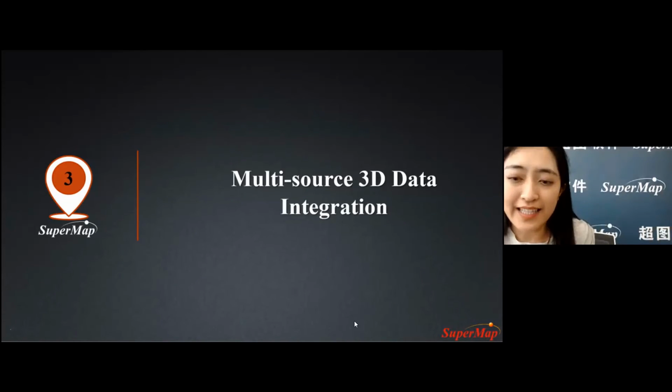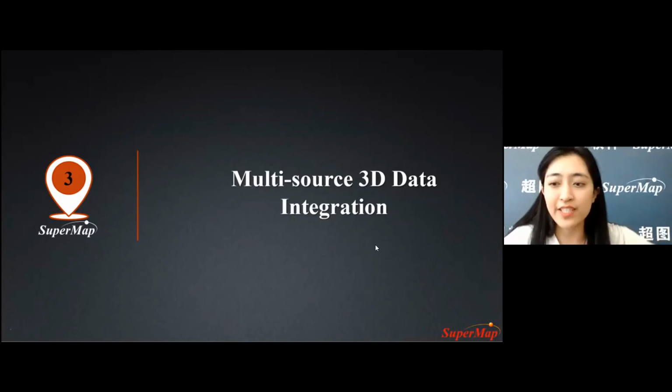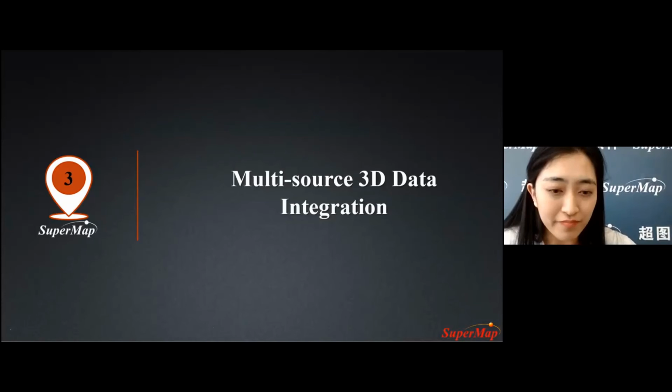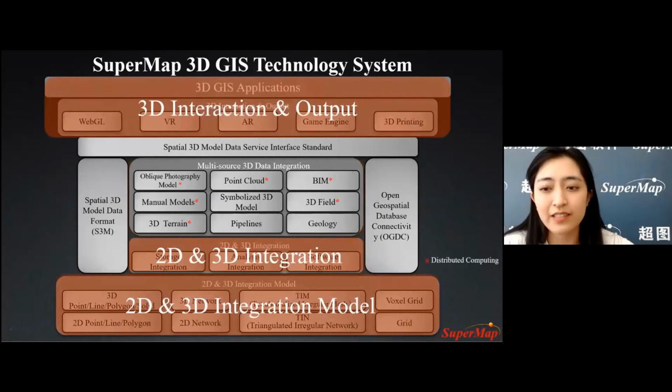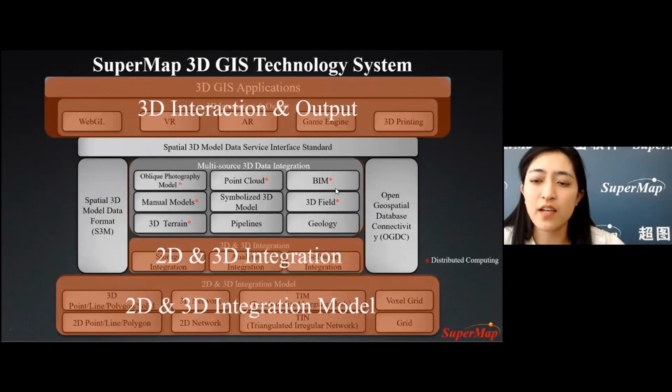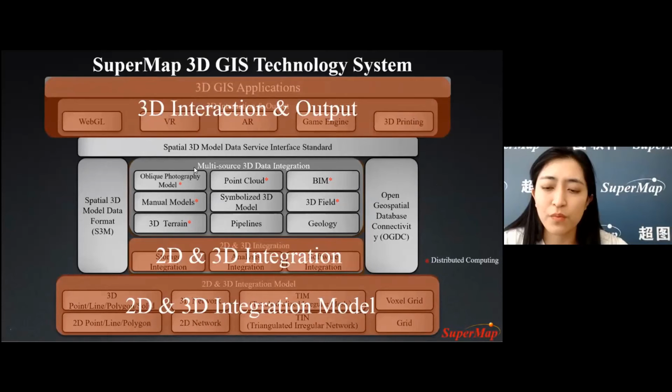Okay, and then let's take a look at the integration technology of the multi-source data. With the rapid development of data collection technology, there are more and more different sources and types of spatial 3D data, like the oblique photography model or point cloud BIM and so on. So how to achieve efficient integration of multi-source data and improve the efficiency of spatial data has become a major challenge.